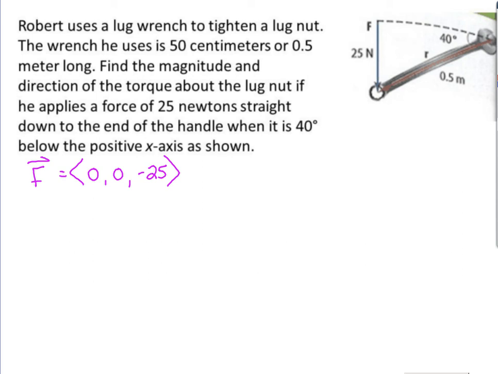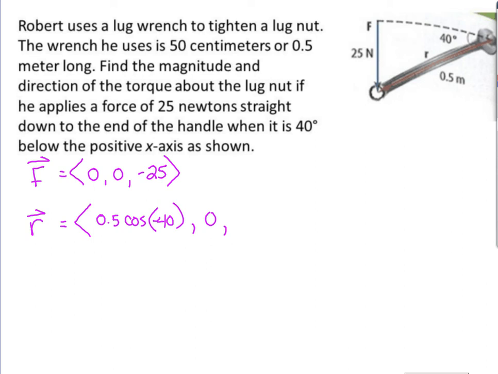So our resultant vector for that part of our force is going to be our magnitude. It says it's directly below the x-axis, so we know it's going in the direction of the x and then going down. So we're going to have an x and a z. We're going to do our magnitude times the cosine of the angle. We are not going to have a y coordinate because it's not going in that direction. And we are pushing down, so this does need to be a negative 40-degree angle.